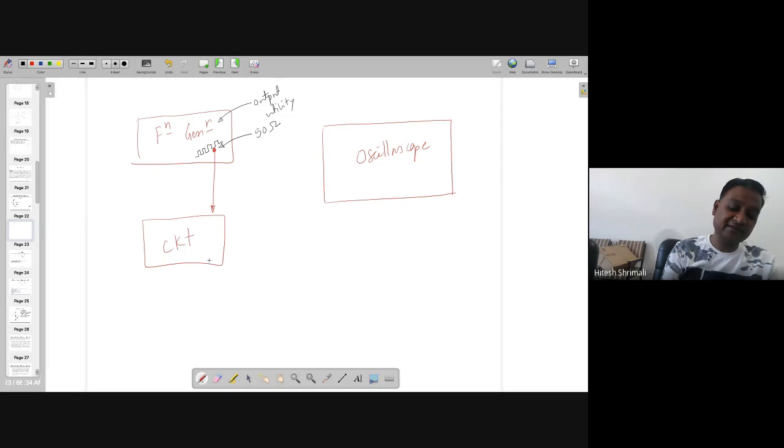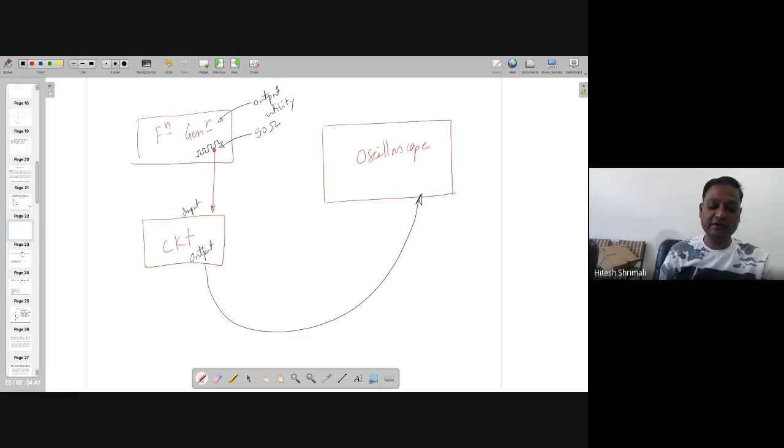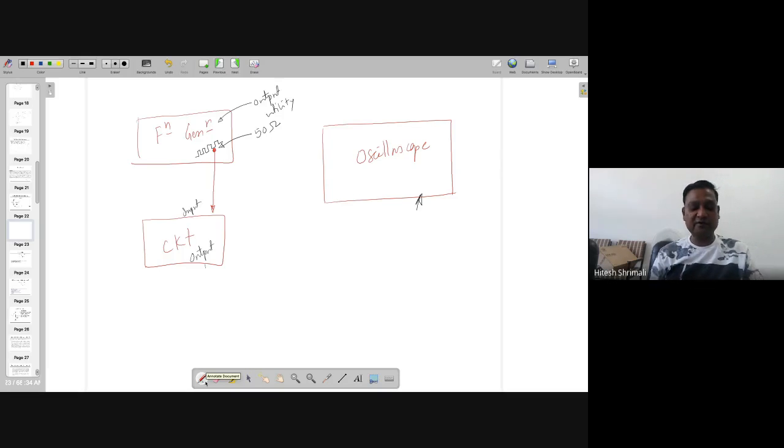Now this circuit has this as an input, whereas if you want to see the output, note that if the output is not connected, then it's a self-loading condition. It will take the output impedance, output capacitance and output resistance as RL or CL.